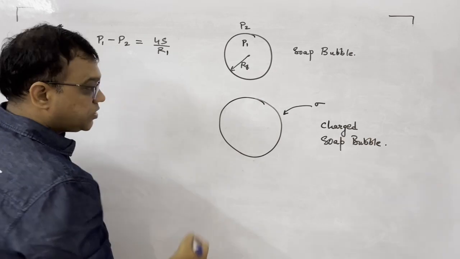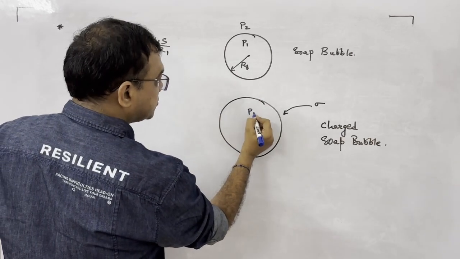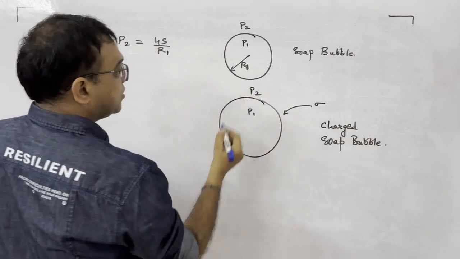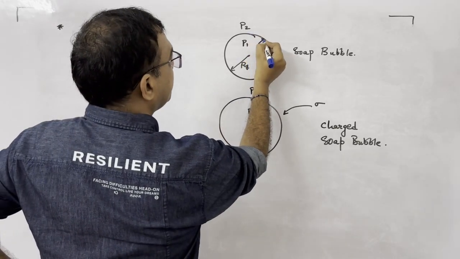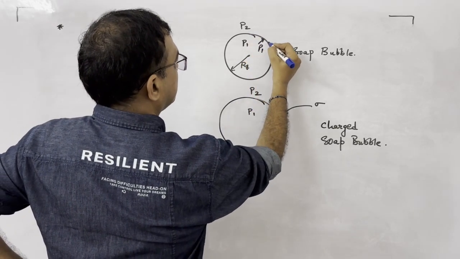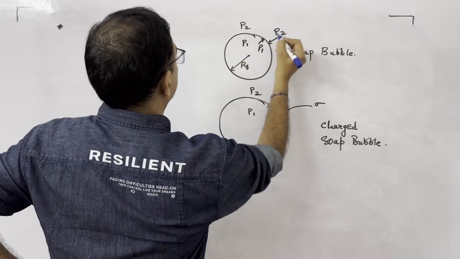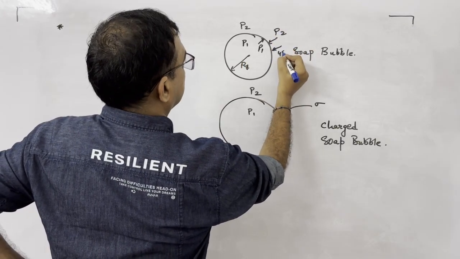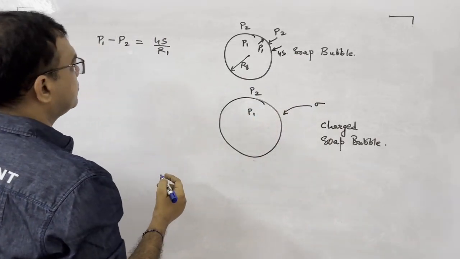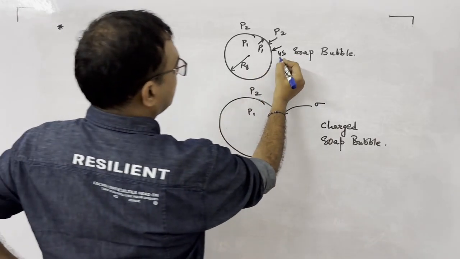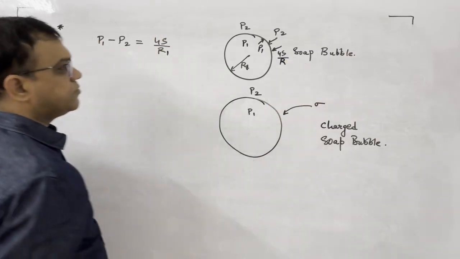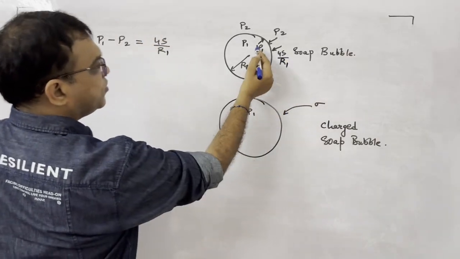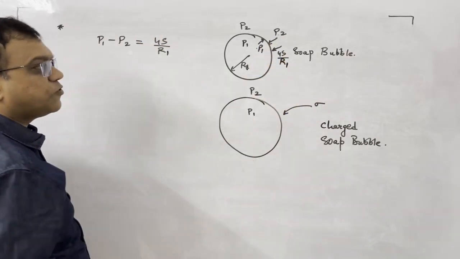Then what happens, you see, say here this is P1, this is P2. So P1 equal to P2 plus 4S by R.